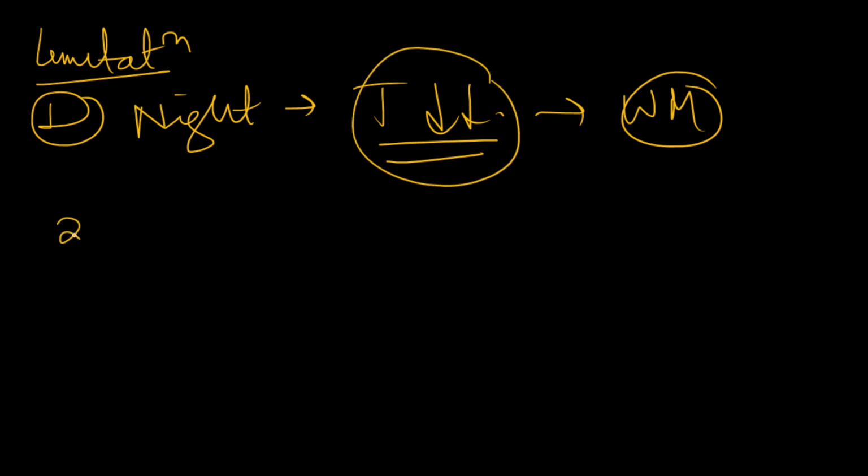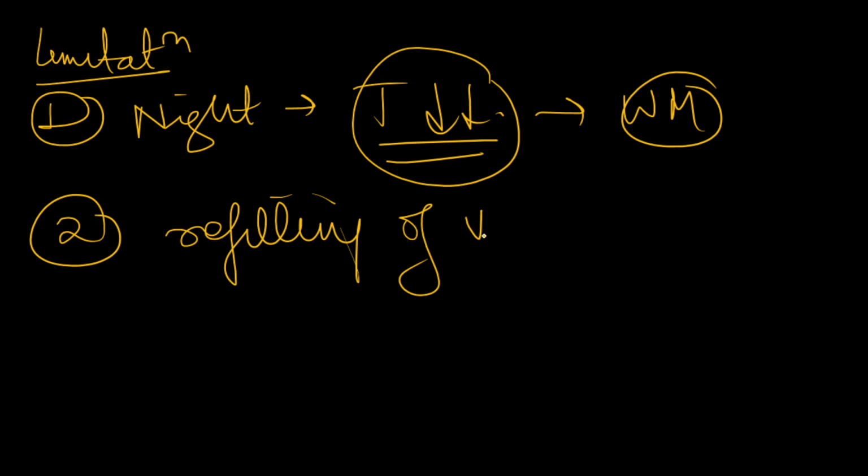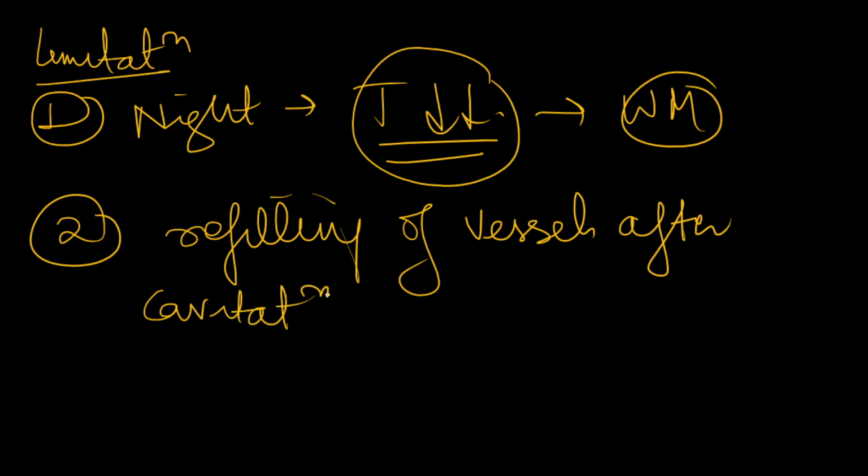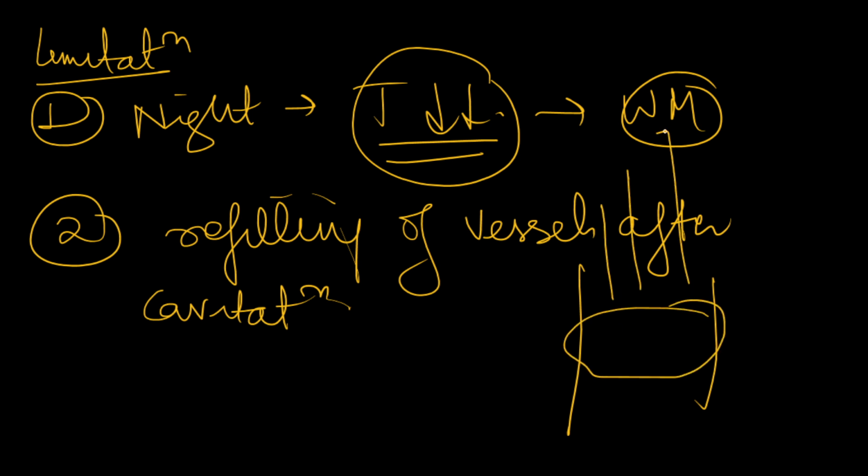Secondly, this theory also does not explain the refilling of embolized vessels after cavitation. Suppose this is a vessel and due to some reasons a cavity forms here. There is no water in the cavity, the upper water has already gone, the lower hasn't arrived yet.